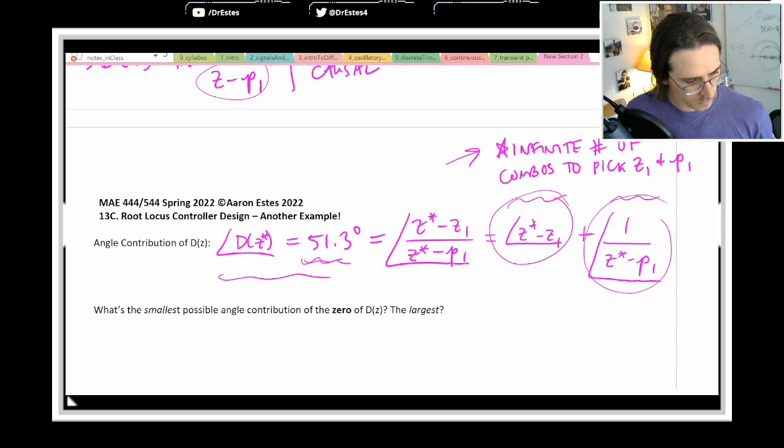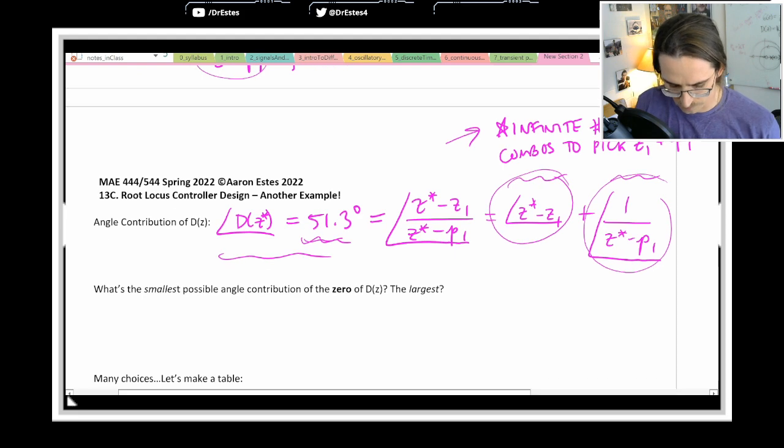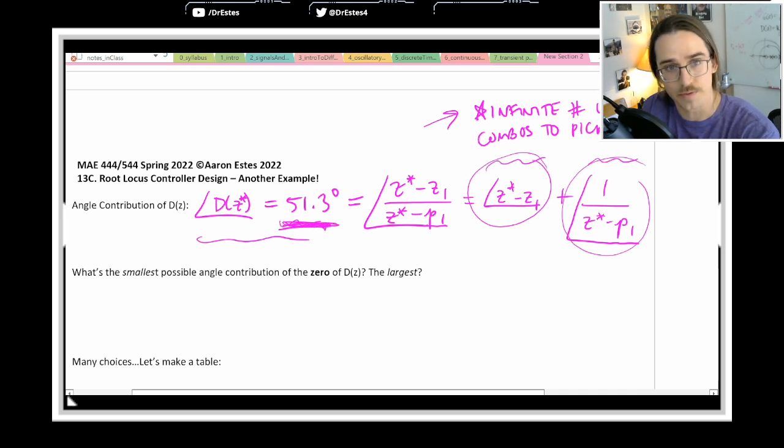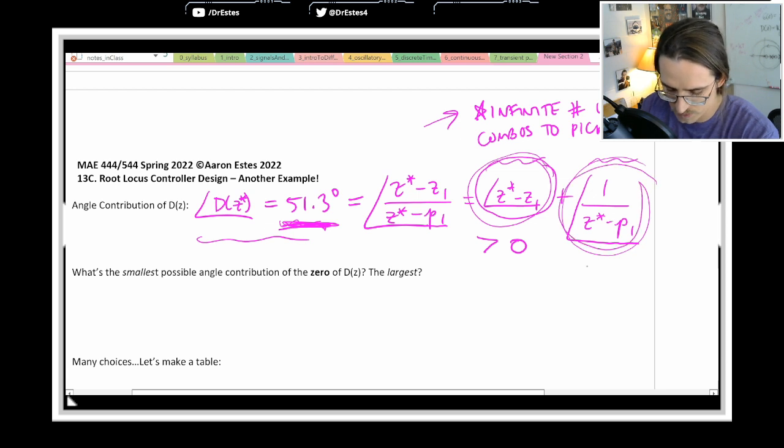All right. Let's just think about this for a second, intuitively. Overall, D of z needs to be 51.3 degrees. The angle contribution of a 0 is going to be a positive number greater than 0. And the angle contribution of a pole is always going to be less than 0.